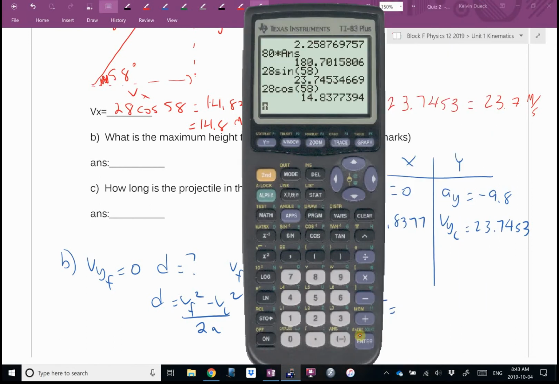Just so I start with a non-rounded off value, I might go back and put that sine value onto my calculator. You don't have to, because 6 sig figs will carry you all the way through, but I'm a bit of a nerd that way. And then I can go 0 squared minus answer button squared, close bracket, divided by 2 times negative 9.8. Did you all get an answer of 28.8? I would probably also accept 28.7, depending on how you round it off.